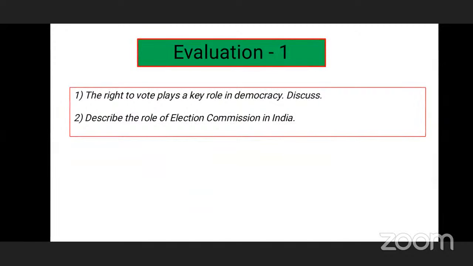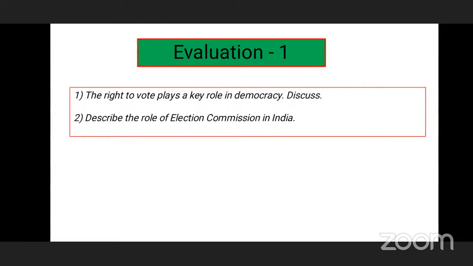Evaluation. Students, in the above topic there are two questions. One: the right to vote plays a key role in democracy. Discuss.